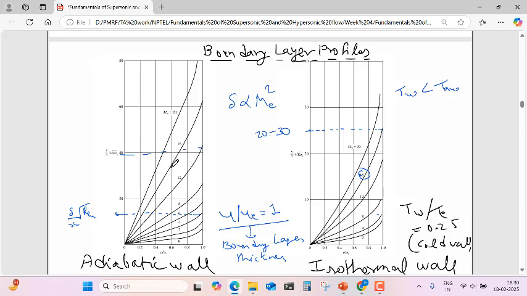And for the adiabatic wall, it is greater than 60. So for the adiabatic wall, it is higher. For the isothermal wall, it will be lower.